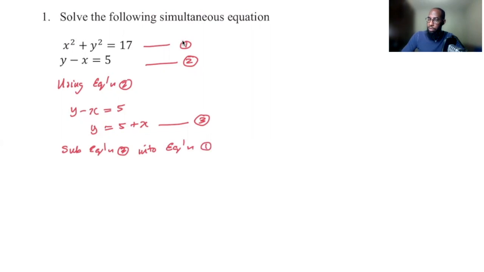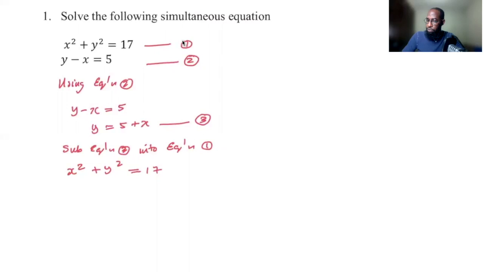And so I'll write down equation 1 first. All right, so instead of writing y, we write 5 plus x, because y is equal to 5 plus x.